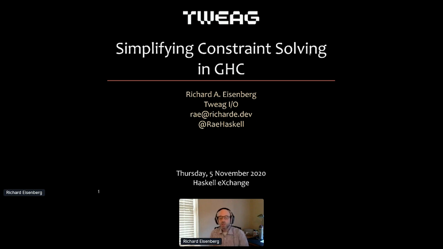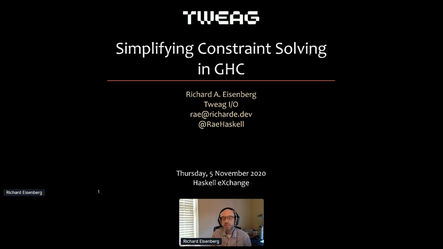By way of introduction, I'm a researcher at Twig, and part of my day job is working right on GHC. I spend quite a bit of time thinking about how GHC can do a better job at accepting our good programs and rejecting our bad programs.